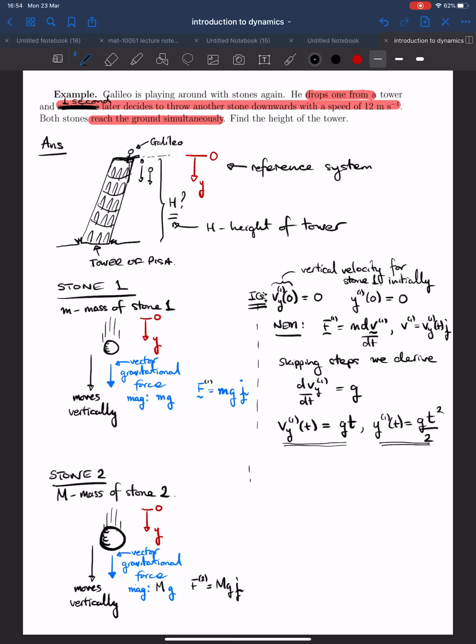Now, the SI calculation. We're going to set the problem up for stone 2. And this is going to be slightly different. So let me just put this across. So what are the initial conditions? Remember, just like last time, they're being dropped from the same height. Remember that the position that stone 2 is dropped from is the same as stone 1.